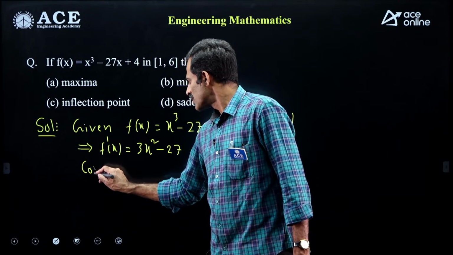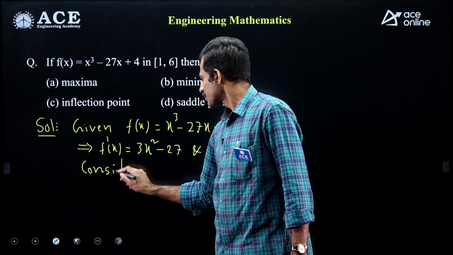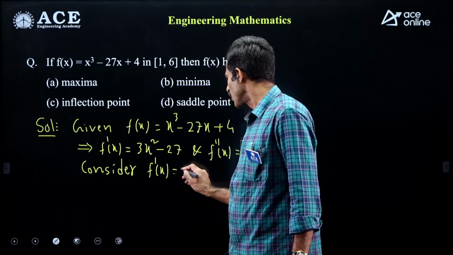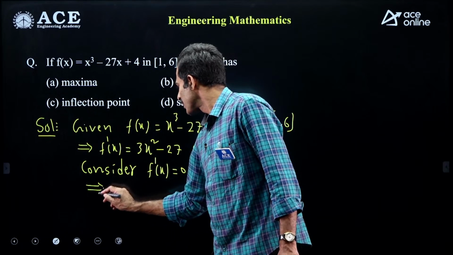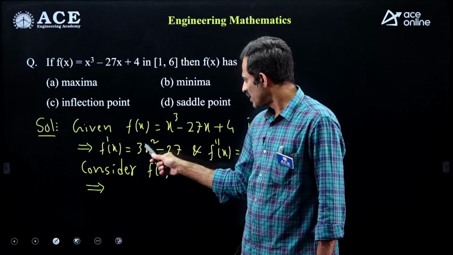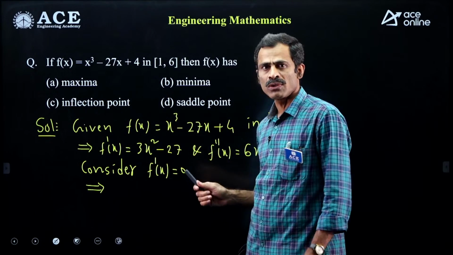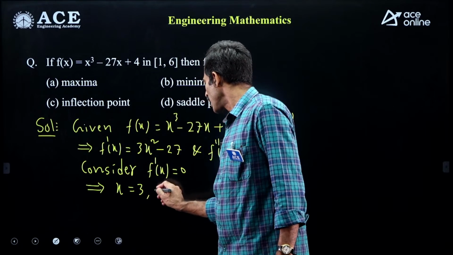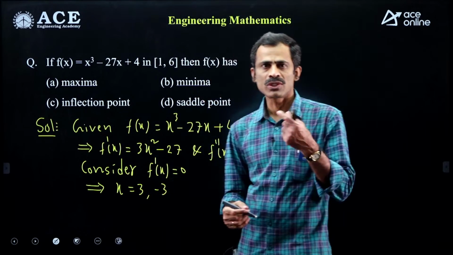Now consider the first derivative equal to 0 for obtaining the stationary points. f dash of x equals 0 means 3x square minus 27 equals 0. It will be satisfied only for x equals 3, minus 3. So these two are stationary points.